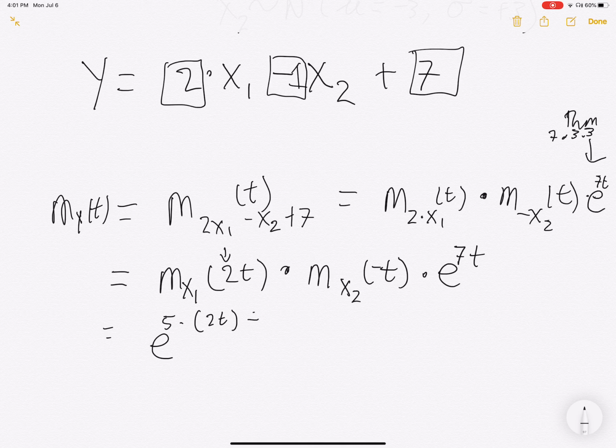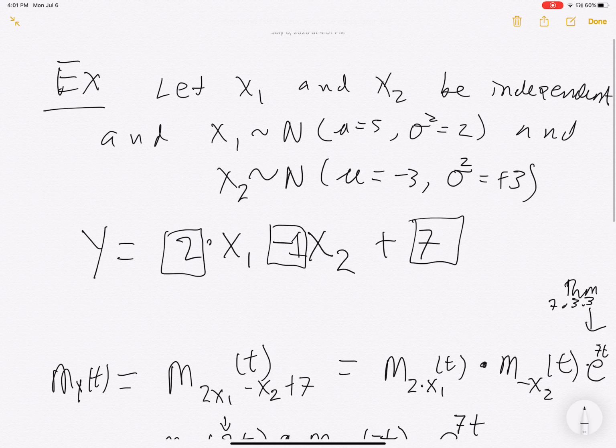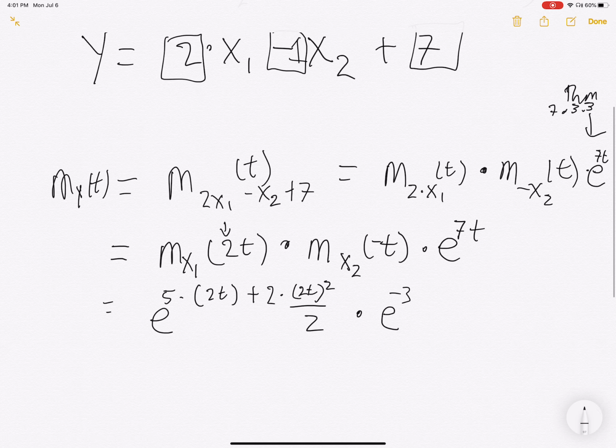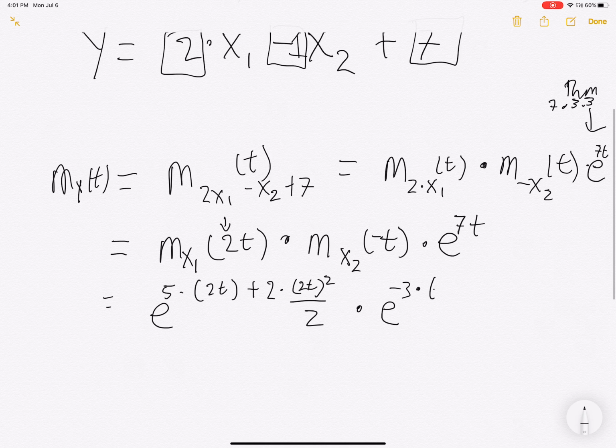Plus the variance of X1, which is going to be 2, times t squared, but instead of having t, I have 2t squared over 2, times the moment generating function of X2, which is going to be e to the -3, because that's its mean, times a -t by composition, plus 3 times a -t squared over 2, times e to the 7t.